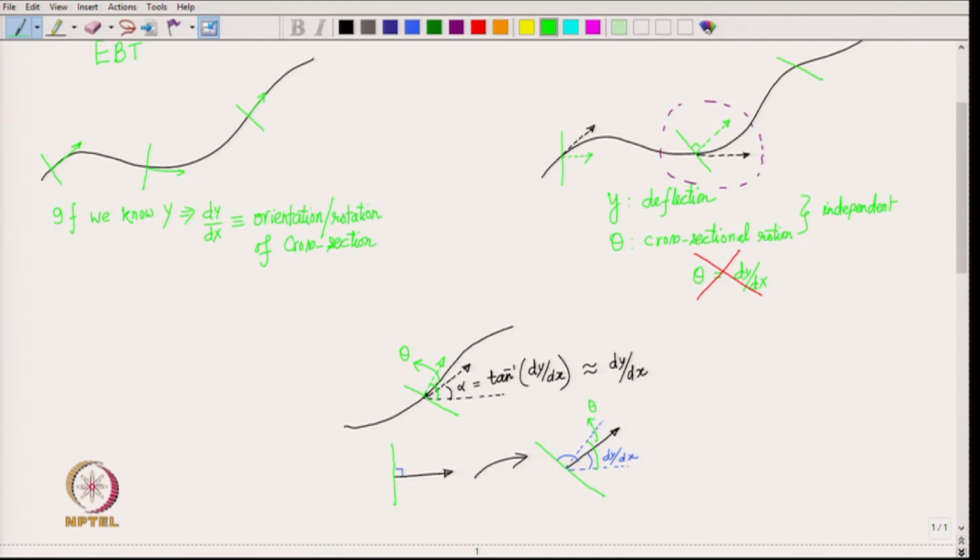Okay. So, what can we say about this particular angle? Notice that the angle has got two parts. One is this 90 degree plus this angle, and this angle is nothing but theta minus dy by dx.